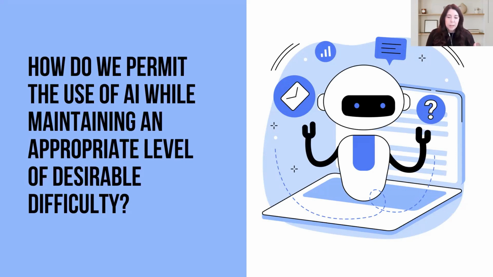It isn't that it should be impossible, but there is a certain level of inherent challenge that we want in the writing process. If it were too easy, well, we don't want it to be too easy. So how do we balance the use of AI while maintaining some level of difficulty that results in student thinking? And let's look at that on the next slide, and we'll explore that a little bit more.